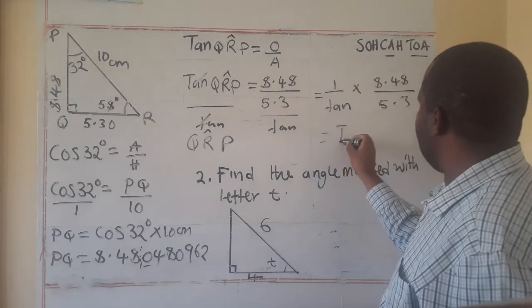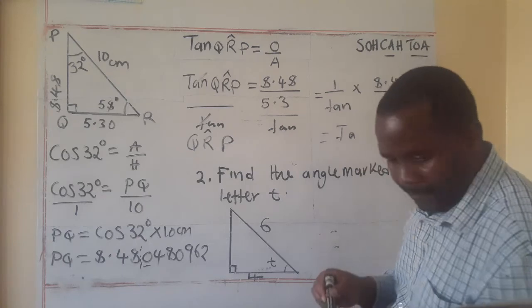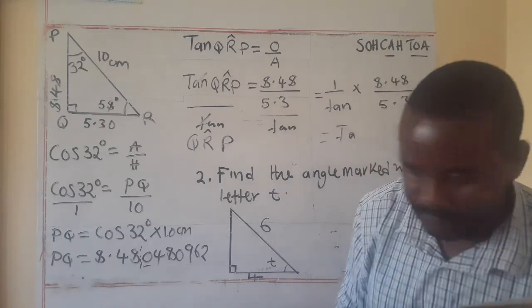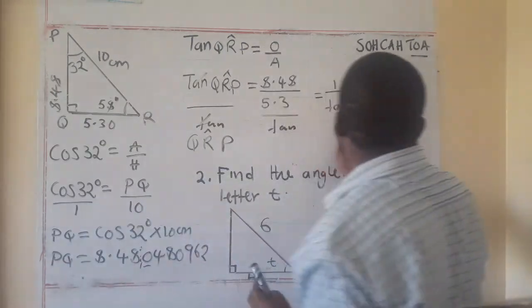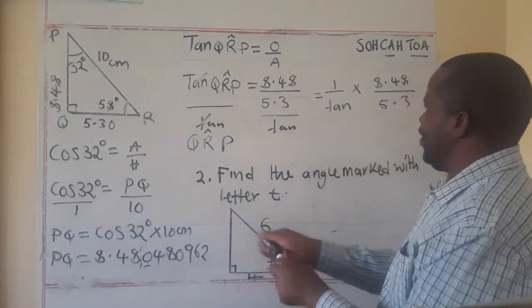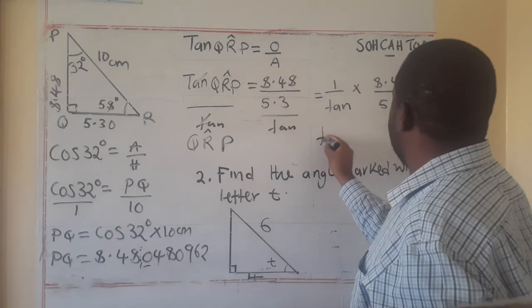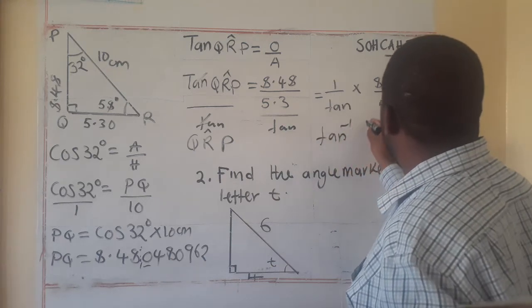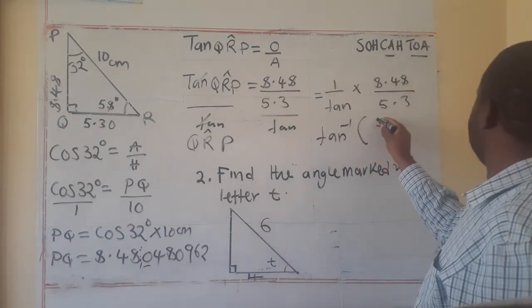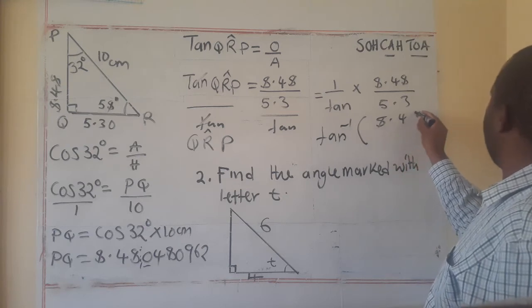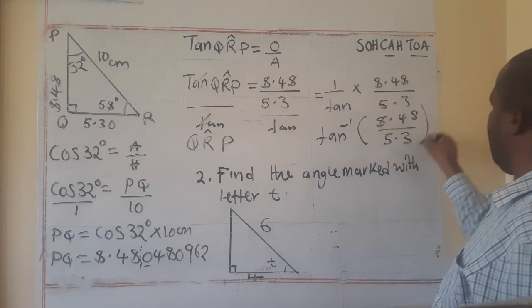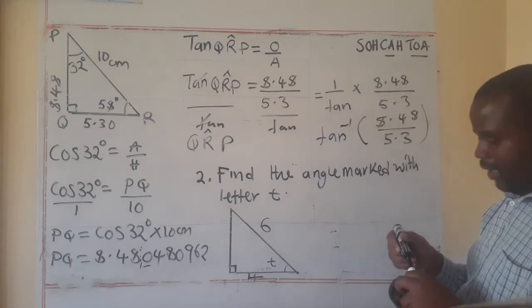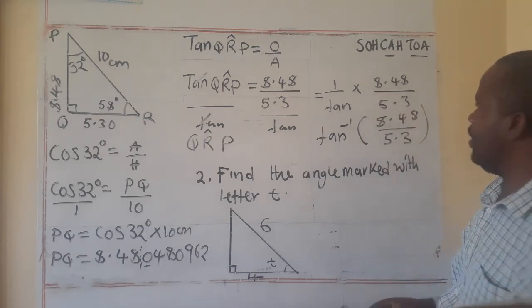So we can say tan inverse of 8.48 divided by 5.3. That is how you are going to get that.